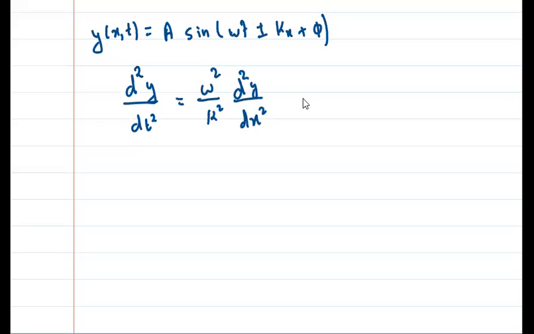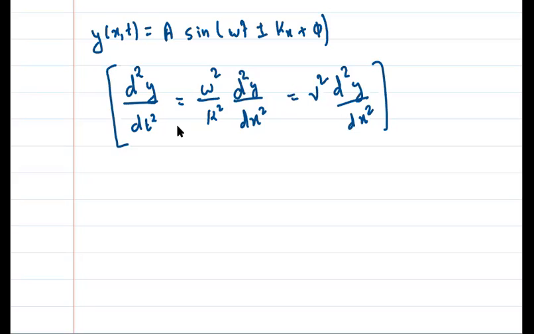We have derived this. This term is the wave velocity, so d square y by dt square is v square into d square y by dx square. Any function which satisfies this condition is a wave.